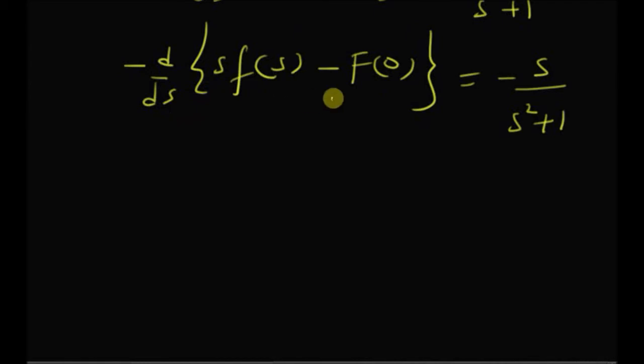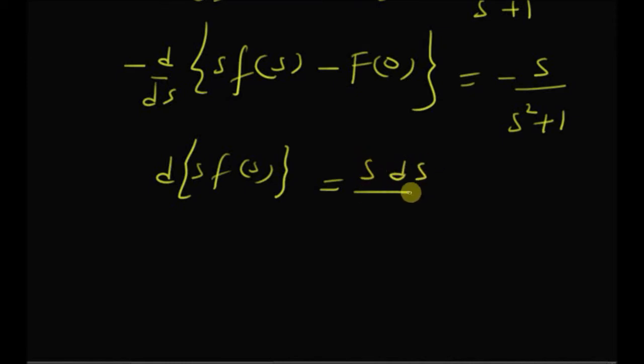Since the derivative of f of 0 with respect to s is 0, we can ignore the second term and cancel the minus signs. So we are left with d by ds of s times F of s equals s by s square plus 1.